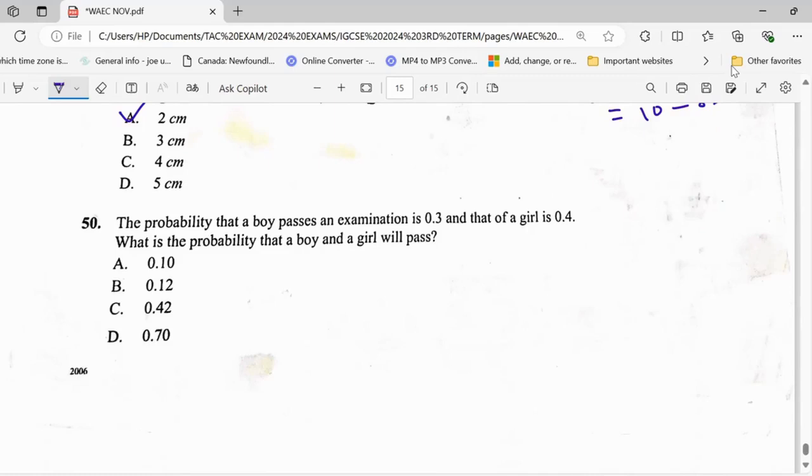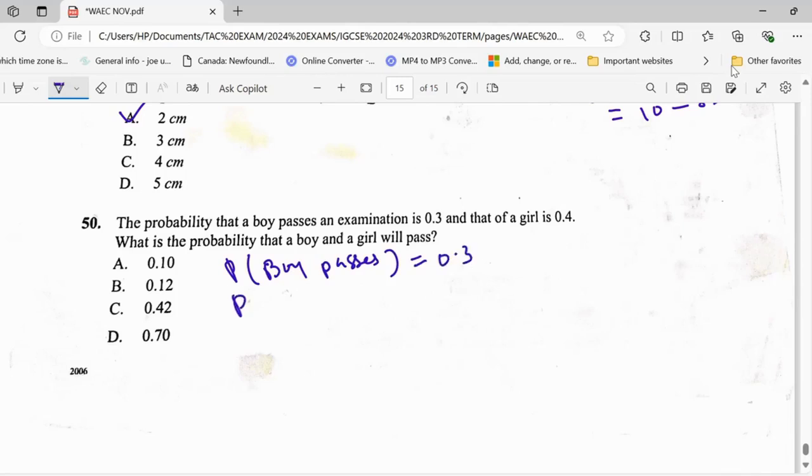Question 50 says the probability that a boy passes an examination is 0.3 and that of a girl is 0.4. What is the probability that a boy and a girl will pass? So the probability that a boy passes the exam is 0.3.